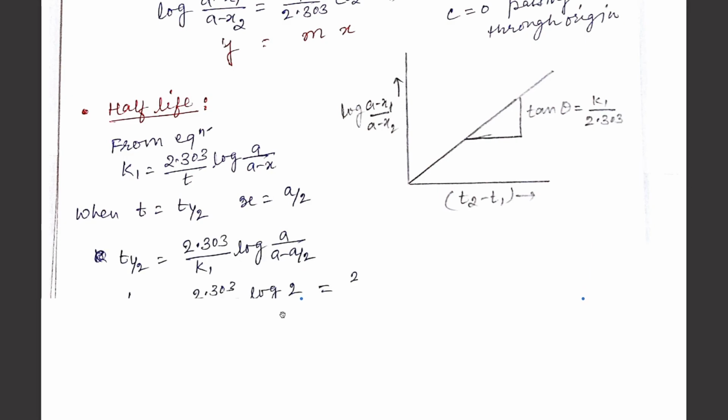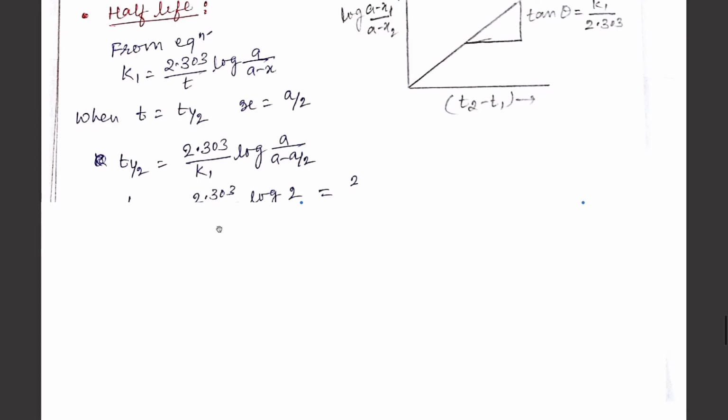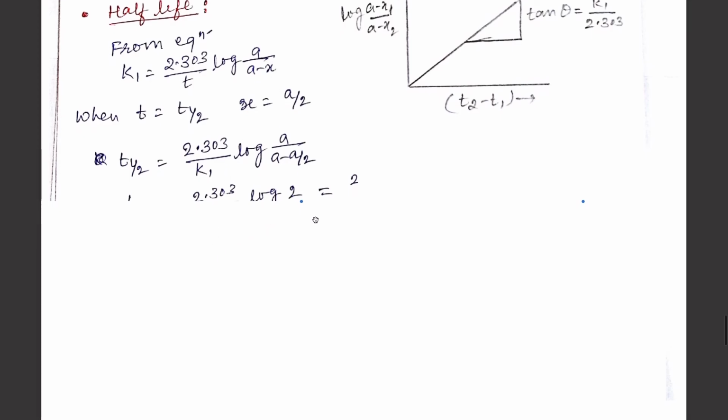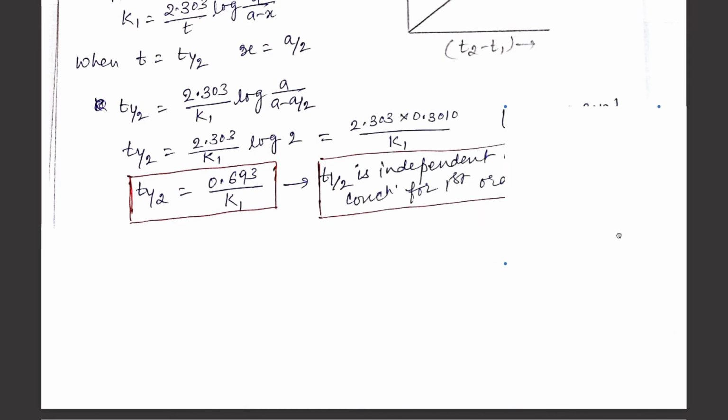When we put these values of T and X in this equation, it comes as T half is equal to 2.303 upon K1 log A upon (A minus A by 2). So overall, the equation comes out as T half is equal to 0.693 upon K1.